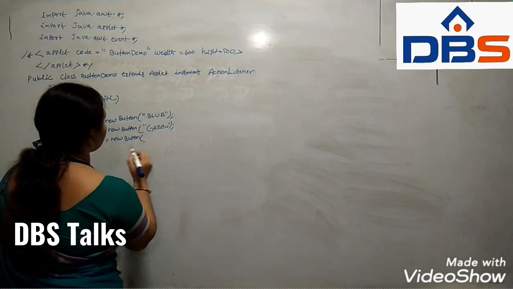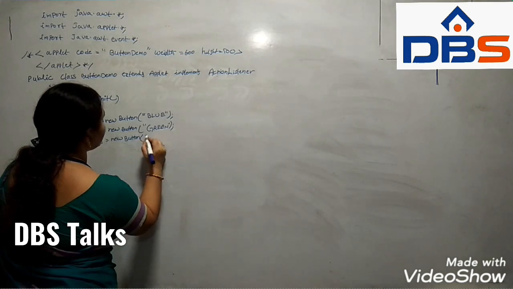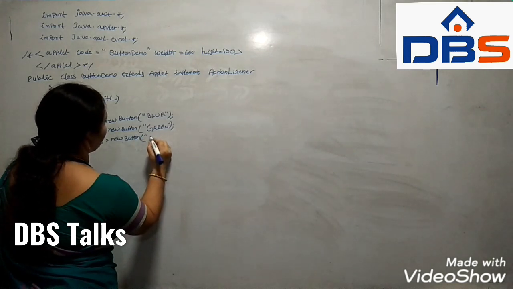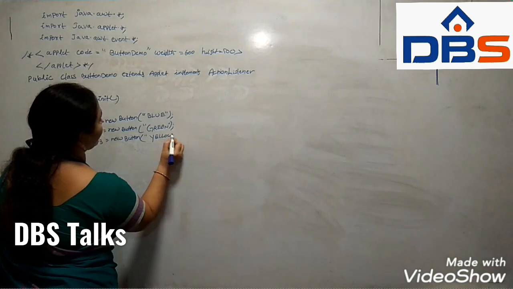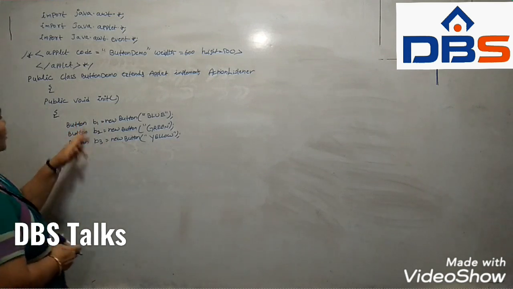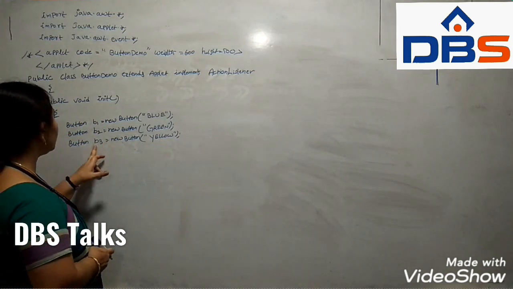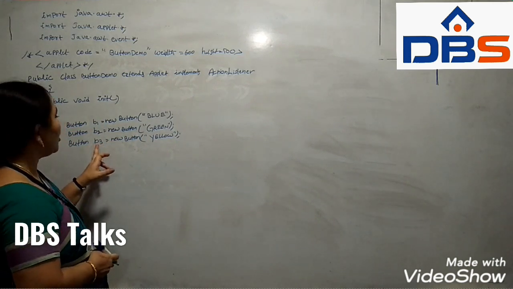According to the previous syntax, this is how to create the objects by using constructors. So here I am creating three objects. These labels are initialized to the particular objects.